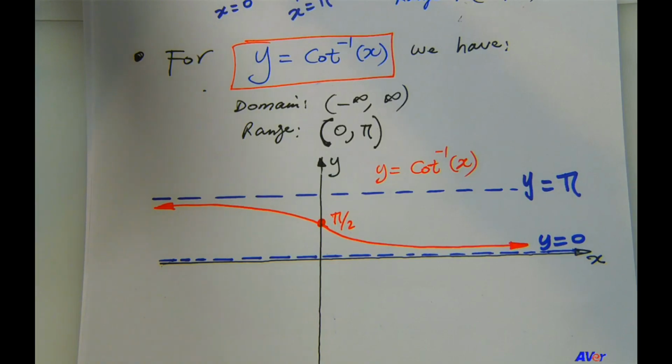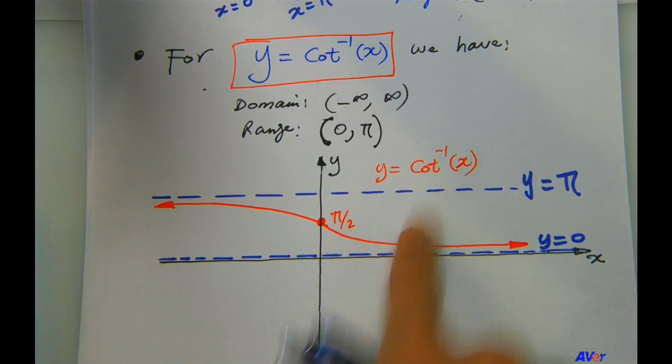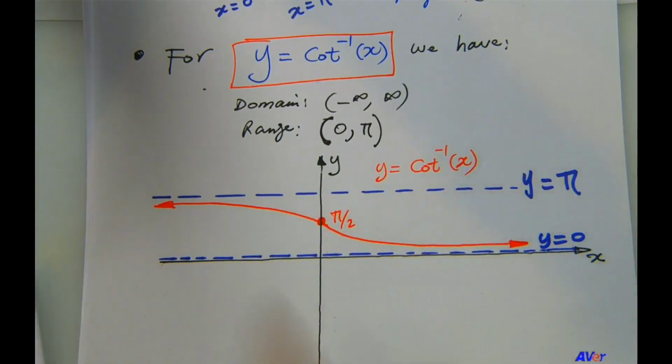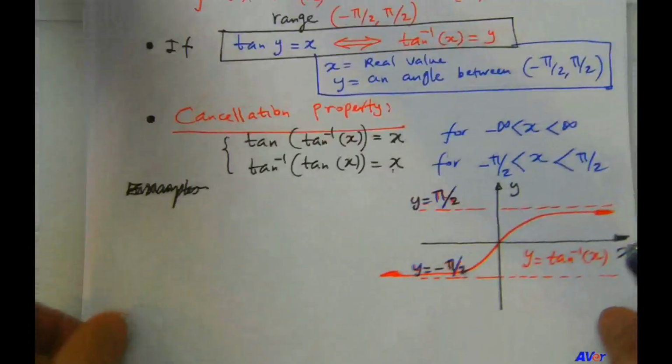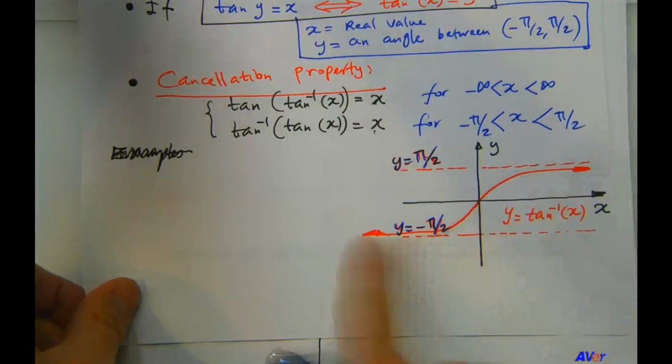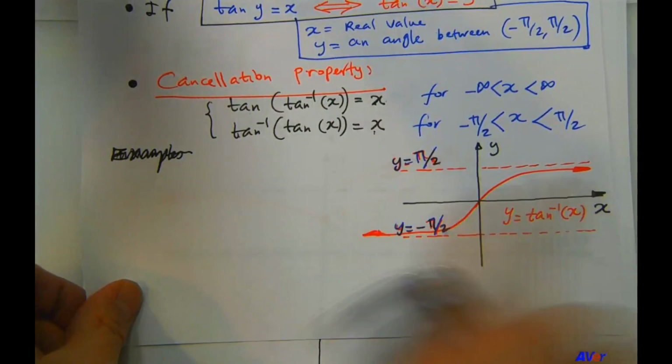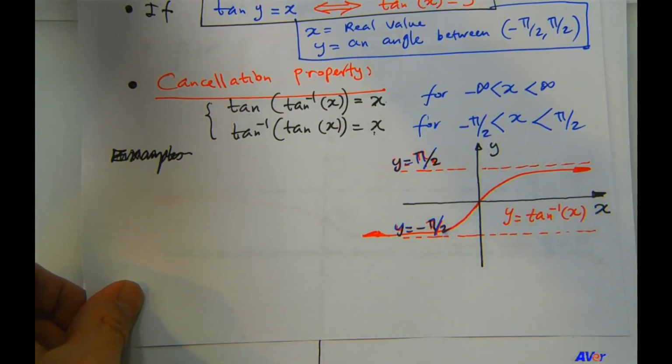Oh, it's right there. So notice this is the graph of the inverse cotangent function. It's going like that, right? And the inverse of the tangent function is going like that. So the opposite of each other, right?